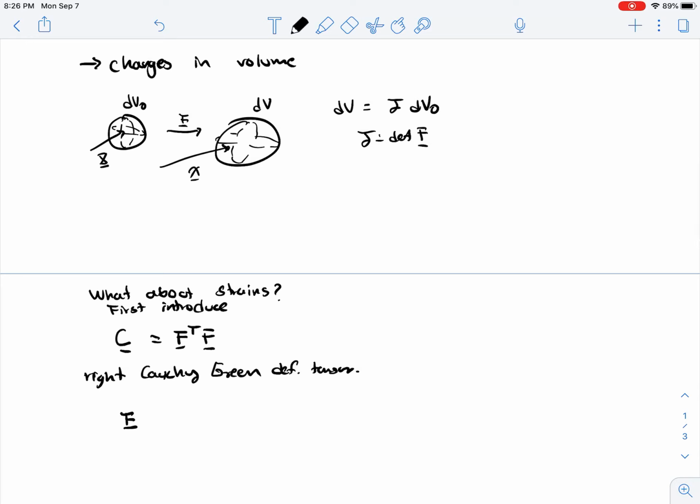And then I also define, based on this, this tensor E as 1/2 of C minus the identity, and I call this the Green-Lagrange strain tensor.